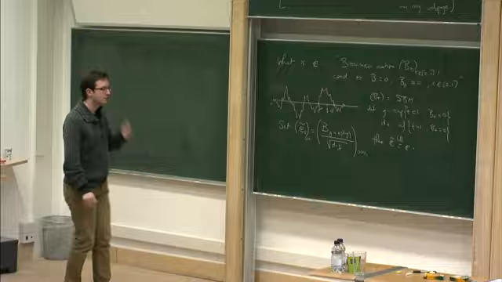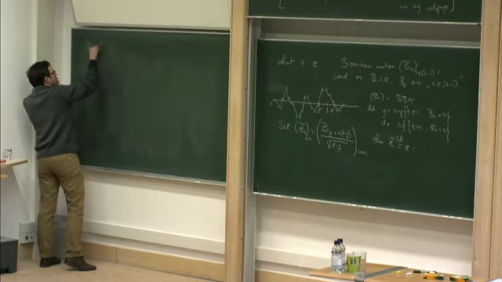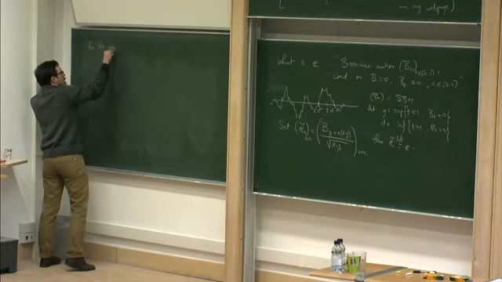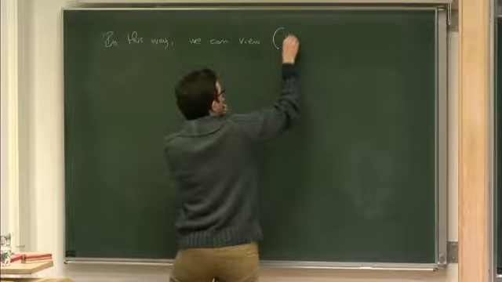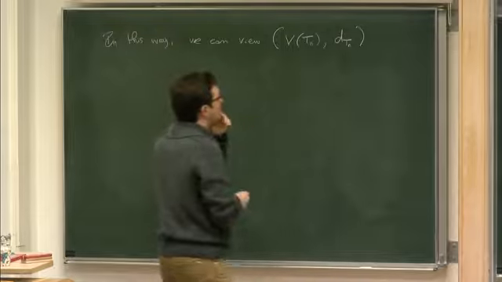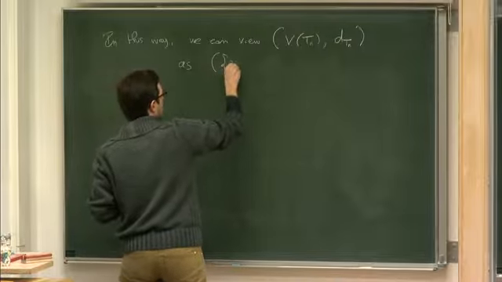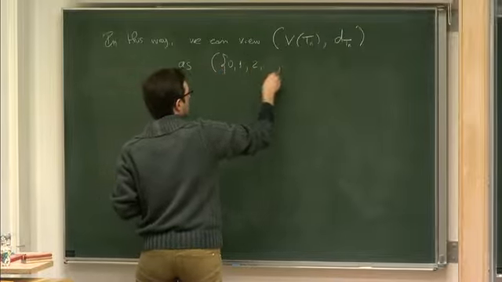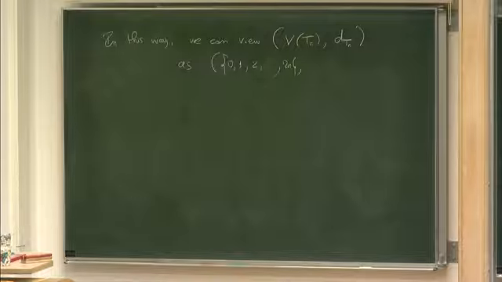In this way, we can view the metric space V of Tn, equipped with the graph distance on Tn, as 0, 1, 2, up to 2n. I didn't give a name to that, so let's call that dCn of ij.